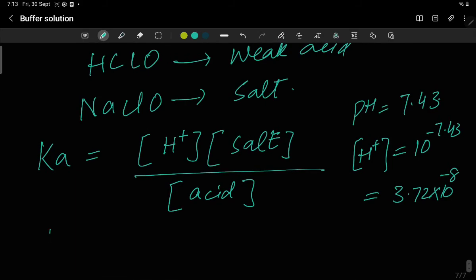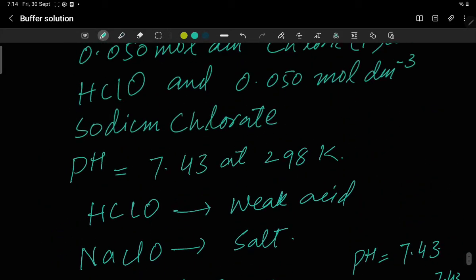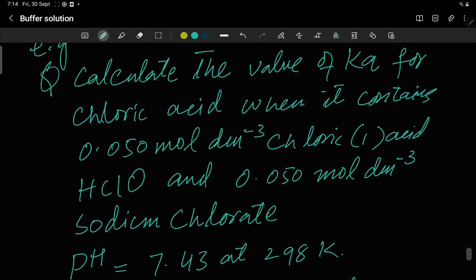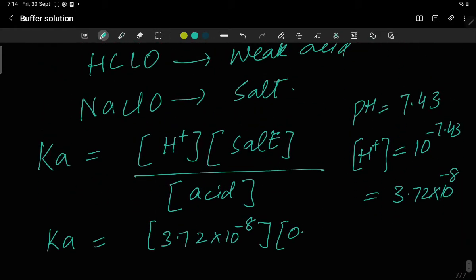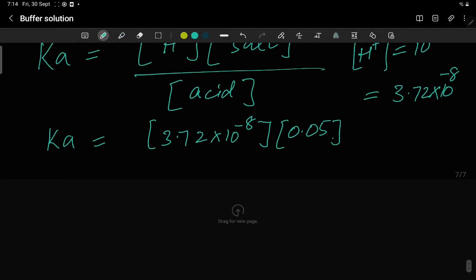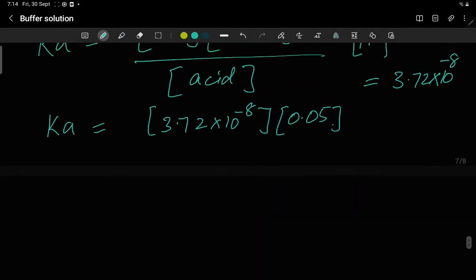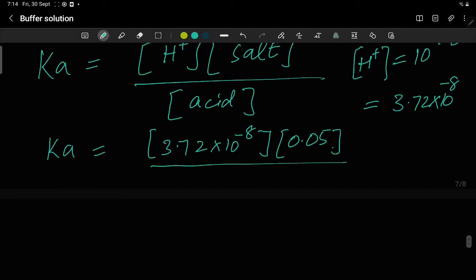So Ka is equal to 3.72 into 10 raised to minus 8 times salt, 0.05, divided by acid, which is also 0.05.